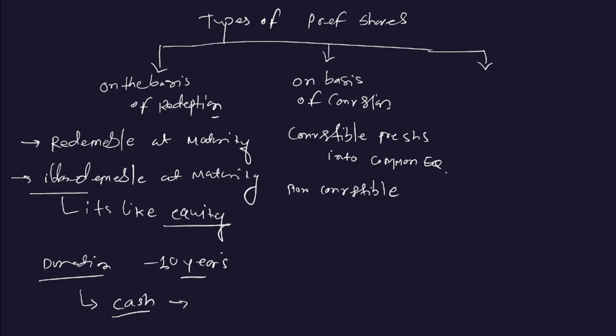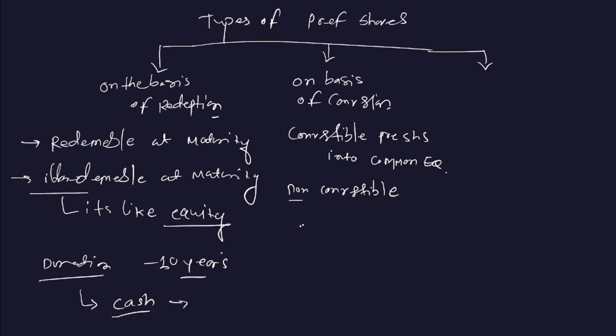Again, non-convertible means it's like irredeemable at maturity. Same, it will be redeemed at the time of shutting down the business activities. So that is non-convertible, and another type is convertible preference shares into common stock.